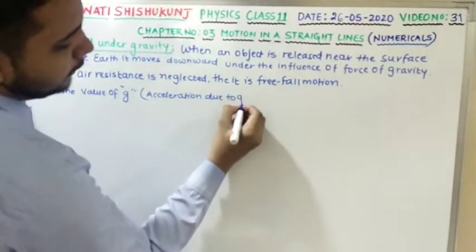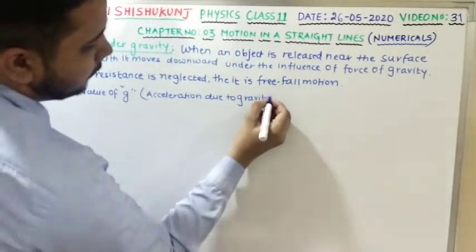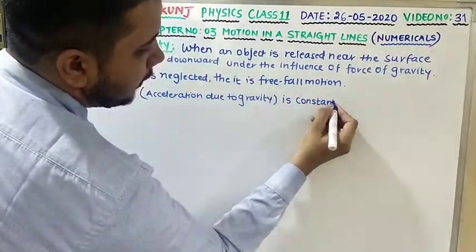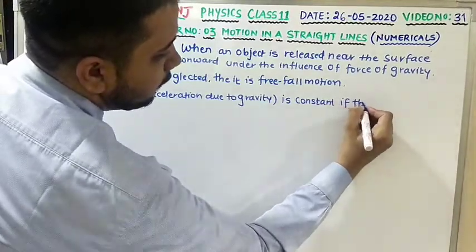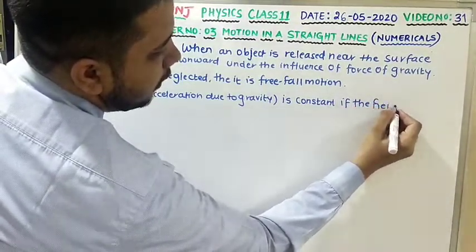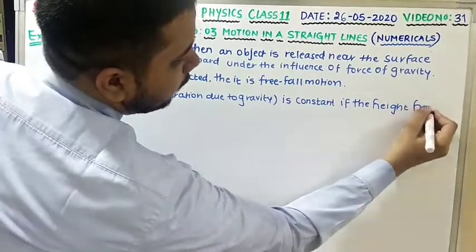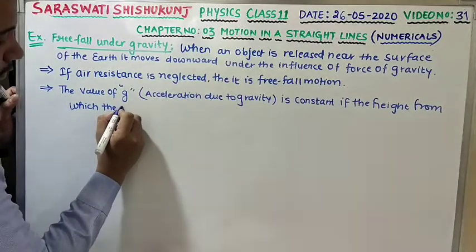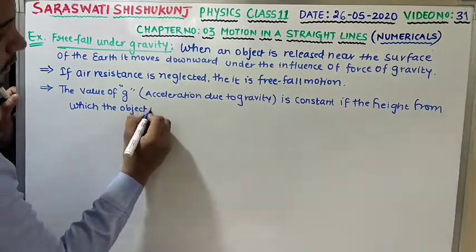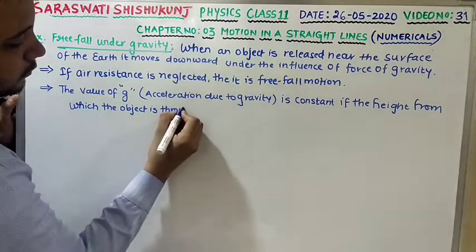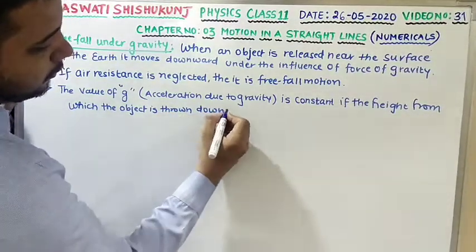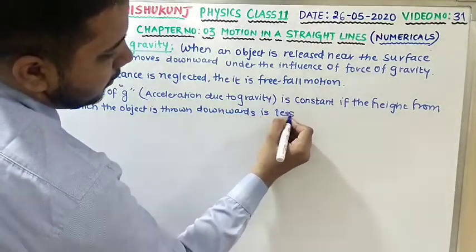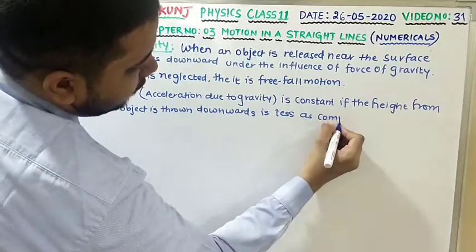Acceleration due to gravity is constant if the height from which the object is thrown downwards is less as compared to the radius of the earth.